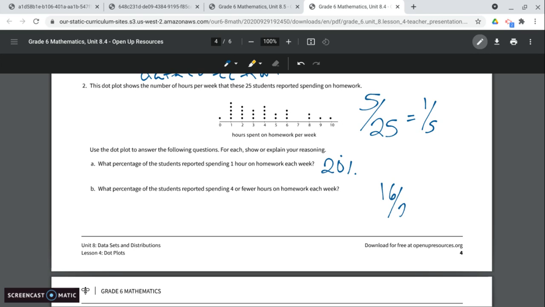So we have 16 out of 25. If we find what that is as a decimal, divide it out, we'd find that it's 64%, because this equals 0.64. So 64% of them spent 4 hours or fewer on their homework each week.